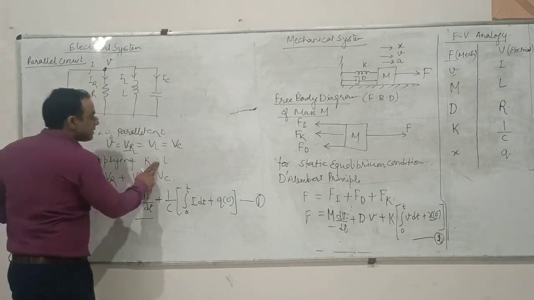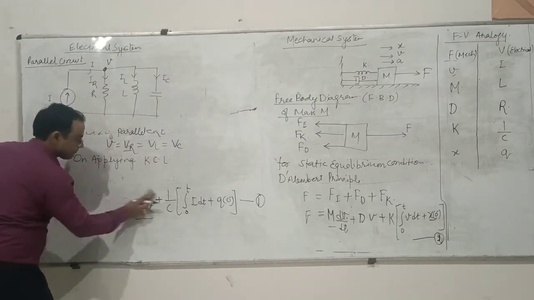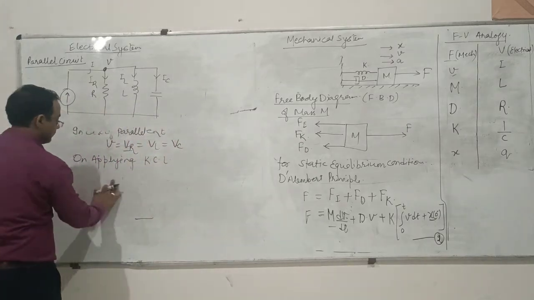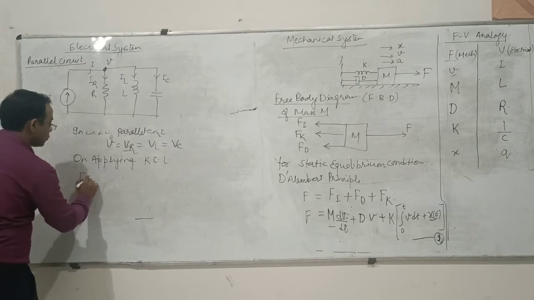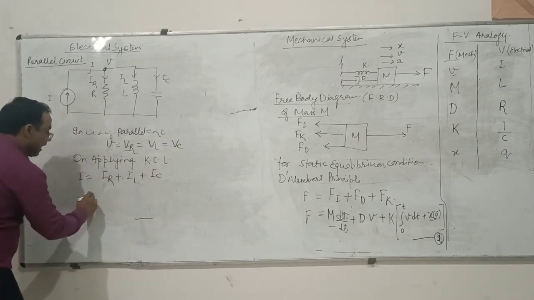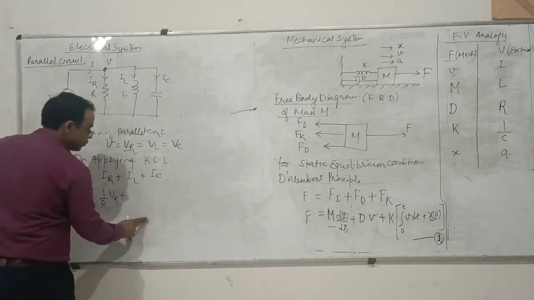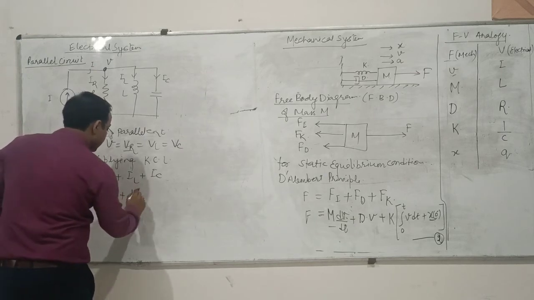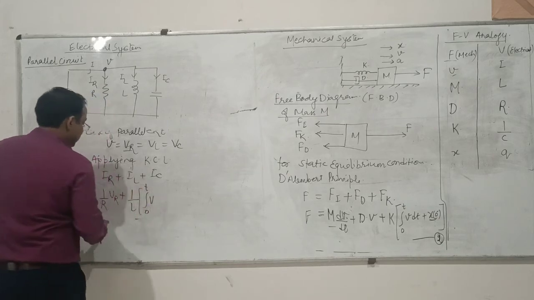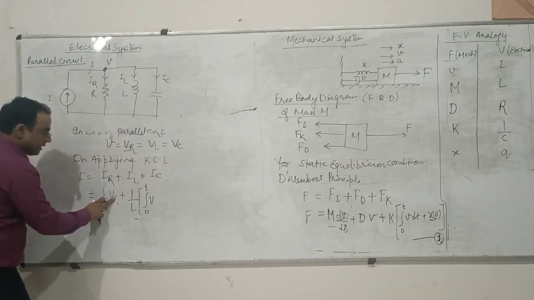So on applying KCL, we can set it as I equals IR plus IL plus IC. Here IR can be written as 1 upon R into VR, plus IL should be written as 1 upon L integral 0 to t of VL dt. Here VR, VL and VC should be equal to V, so we can write it as V.